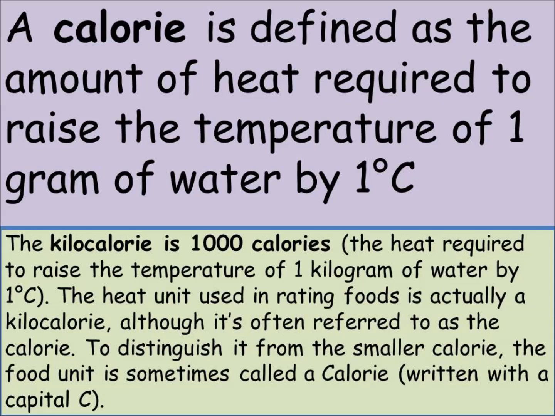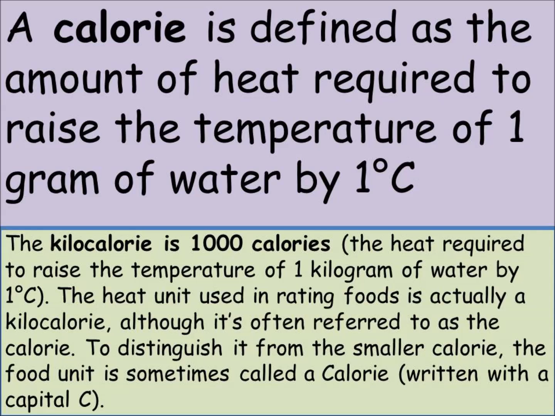Okay. A calorie is defined as the amount of heat required to raise the temperature of 1 gram of water by 1 degree Celsius. The kilocalorie is 1,000 calories, the heat required to raise the temperature of 1 kilogram of water 1 degree Celsius. The heat unit used in rating foods is actually a kilocalorie, although it is often referred to as a calorie.